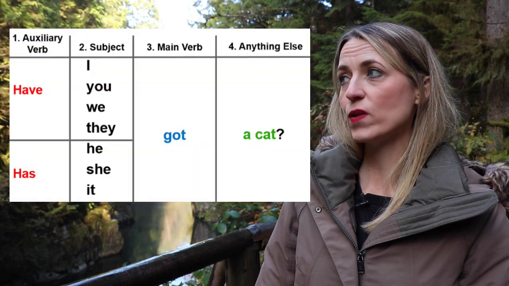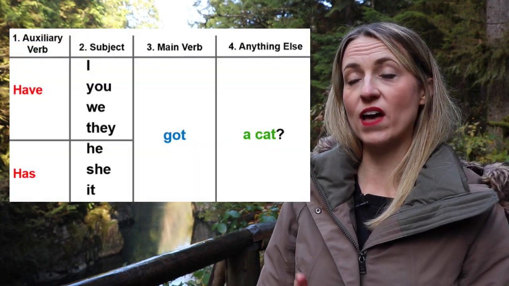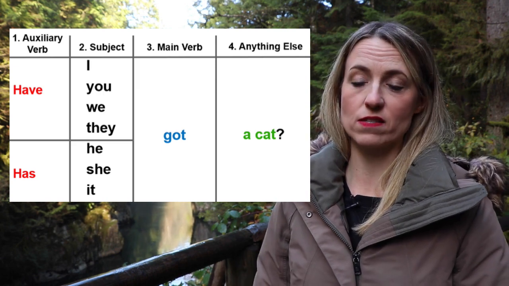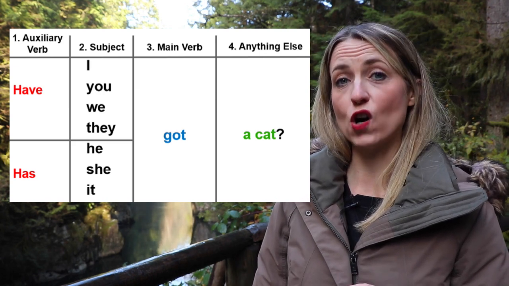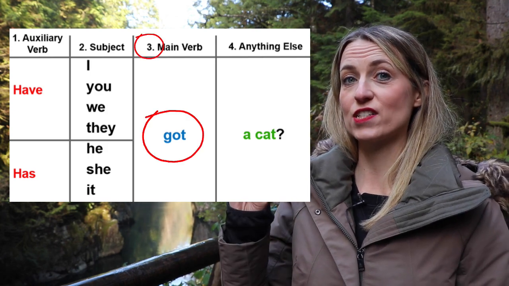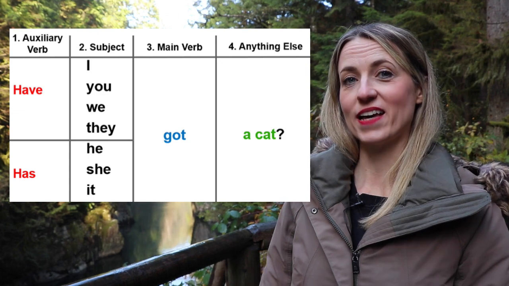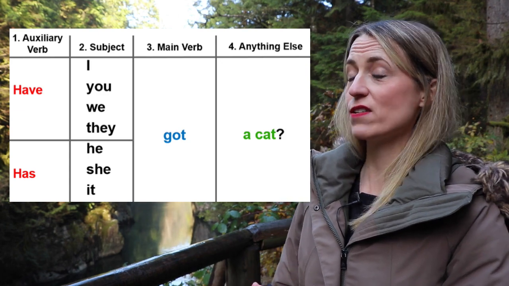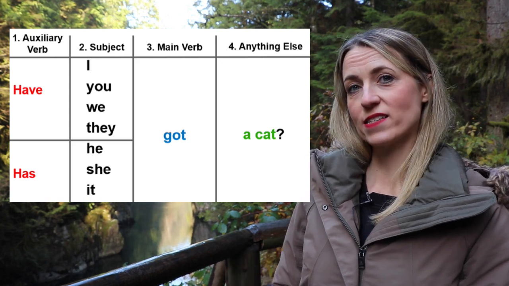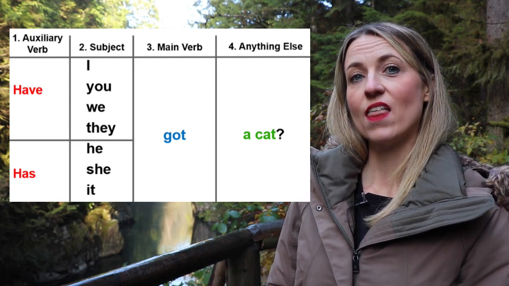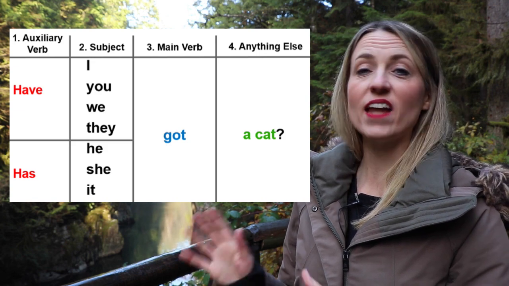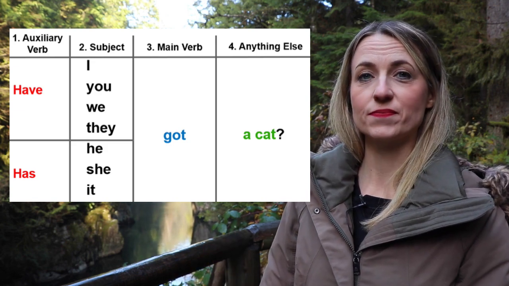The pattern that we use to form questions with have or has is the exact same as do or does, but we often use got as the main verb. So place it in the third position. Okay, so this time our auxiliary verb is have or has, followed by our subject, our person. Then our base verb this time is got, and then anything else afterwards.